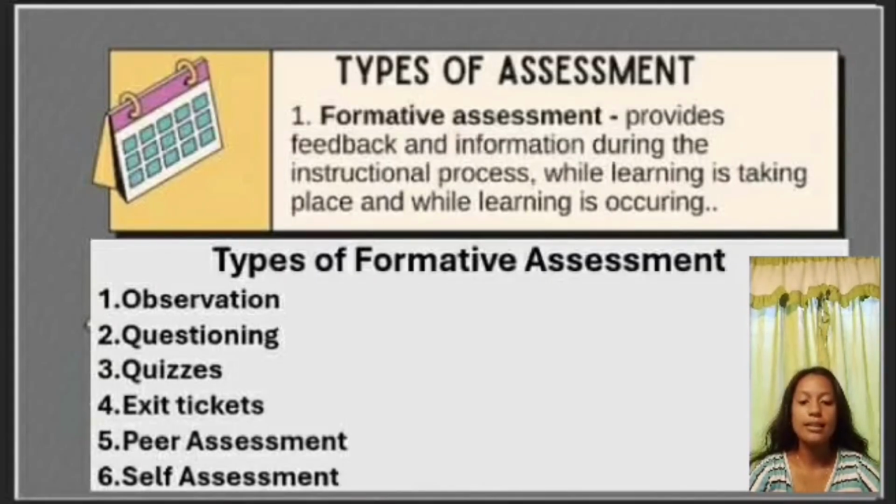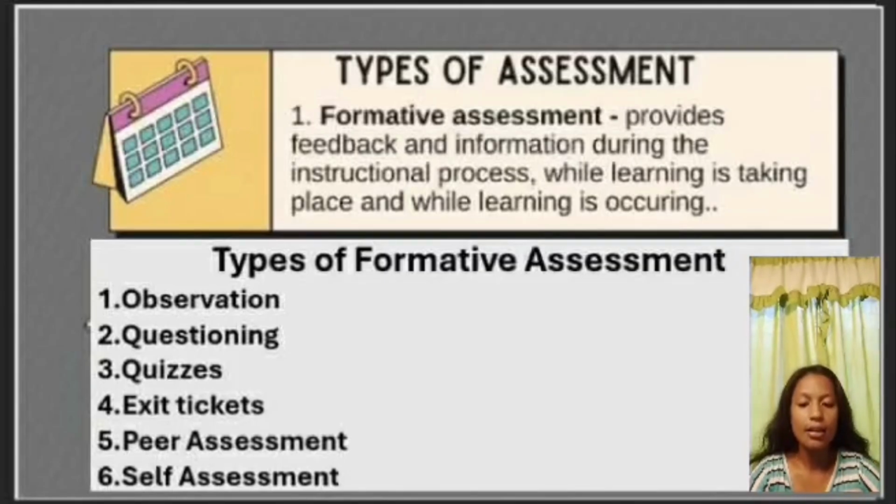And next is the exit tickets. When we say exit tickets, the students answer a quick question or summarize what they learned before leaving the class. And next is peer assessment. When we say peer assessment, the students evaluate each other's work using the given criteria to give feedback and learn from one another.